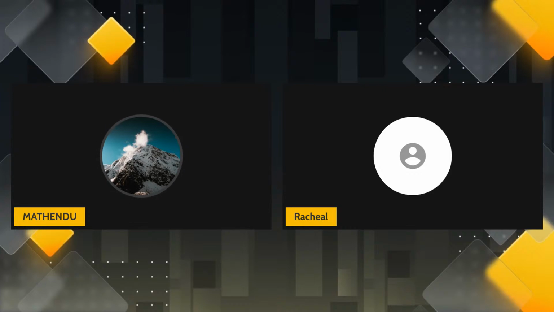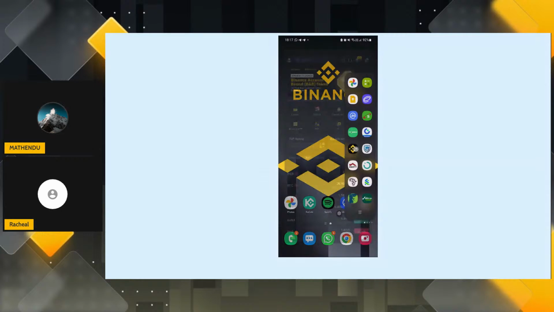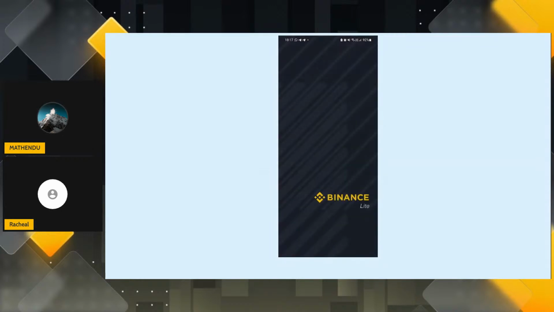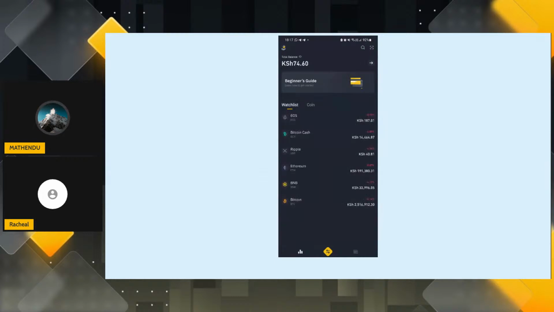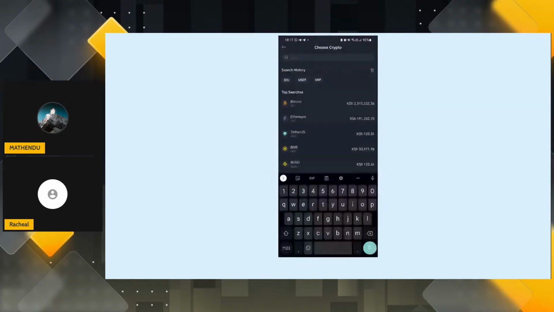The phone interface may look slightly different, but it's almost similar. I believe we can all see my screen. Now let's go to Binance. First, I'll start with the light version. As you can see, Binance Lite looks like this. It doesn't appear I have cash here, so we can buy some crypto here, maybe USDT.